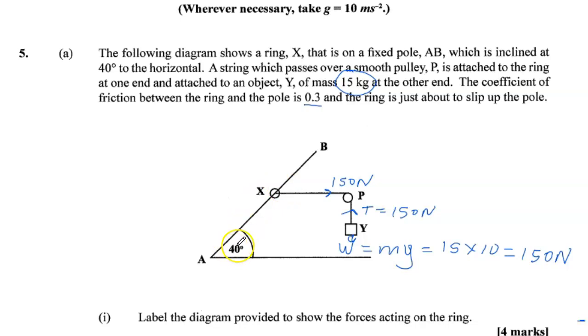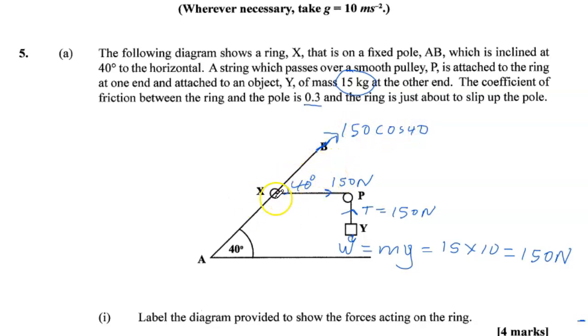By the way, this angle will be the same as this angle, since the string XP is parallel to the baseline here, so of course this will also be 40 degrees. So this component of the 150 that's parallel to the pole will be 150 cos 40.